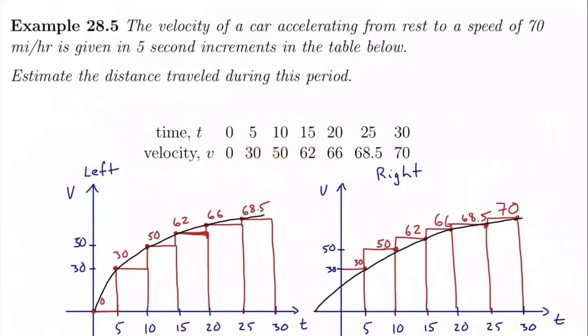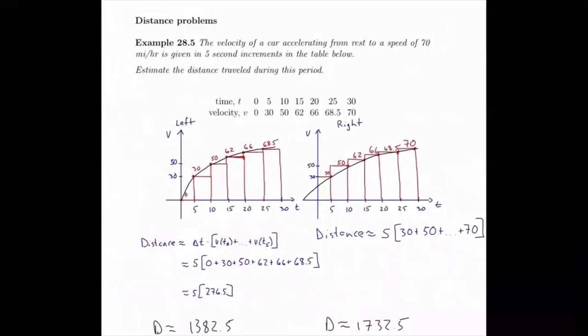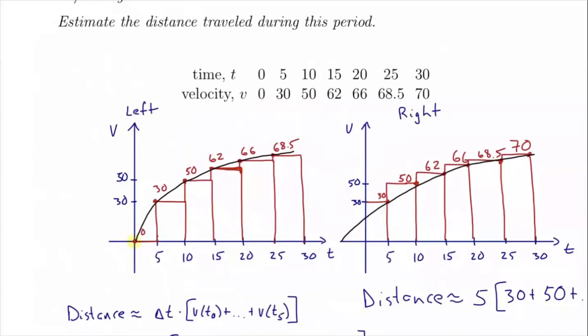Well, let's get at it and see what these distances are. The distance here is the change in time, each increment, times the velocity at each of these moments. The left endpoint approximation looks like this. I start at the left endpoint of my interval, time t equals 0, and that's the endpoint of a rectangle.